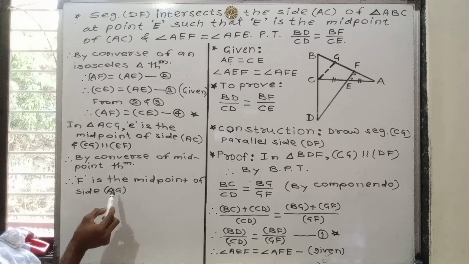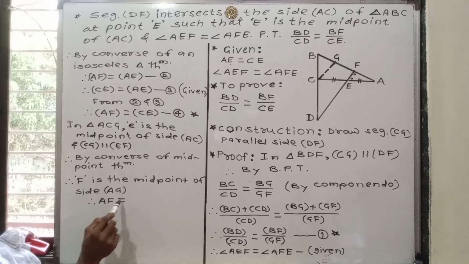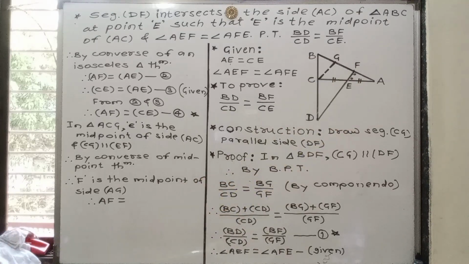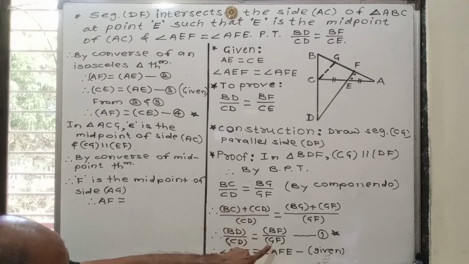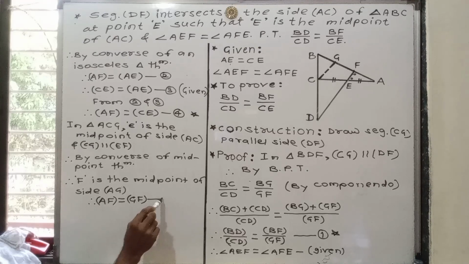If F is the midpoint of side AG, then we write AF is equal to GF. So write here GF. Did you understand? This is equation number 5.